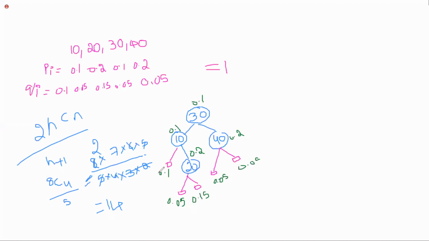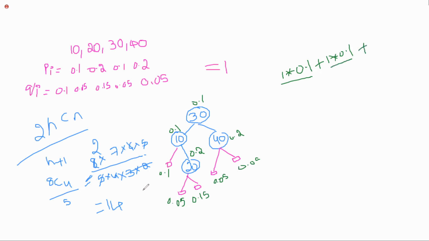If you want to calculate the total time it will take, you will do this. For searching 10 it takes 1 comparison, so it is 1 into 0.1. For the unsuccessful part, also 1 into 0.1. If the value is less than 10, which is 5, the probability is 1 into 0.1.